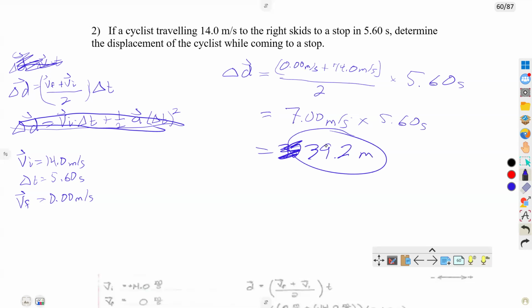We have 3 sig digs in our final answer anyway, so we don't need to do any rounding. And there we go.